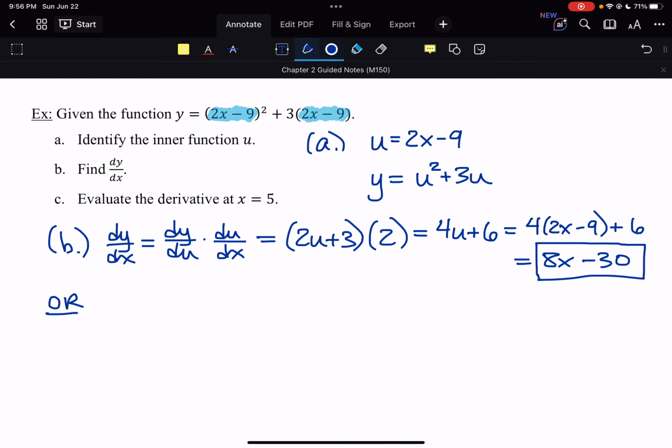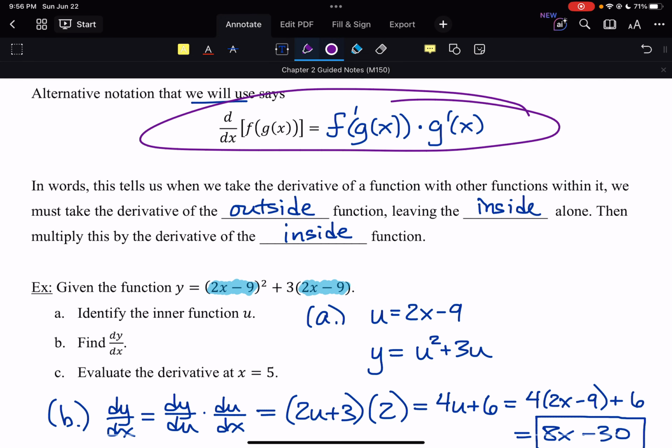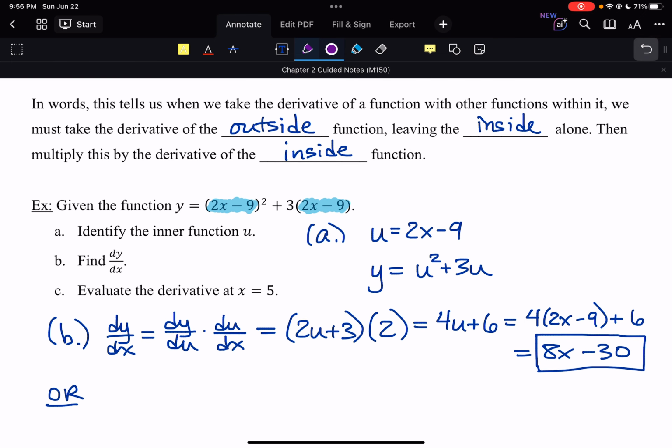That would be how we would do it using the u notation. But I want to offer the alternative here, if we wanted to use this notation, because this is the one we're going to be working with most frequently.